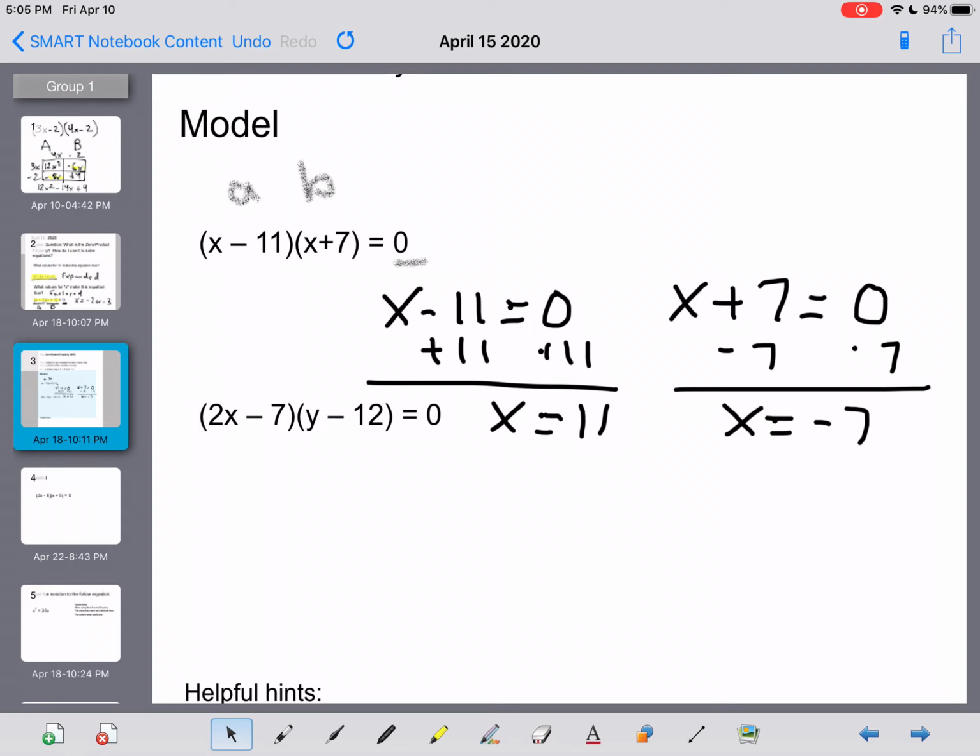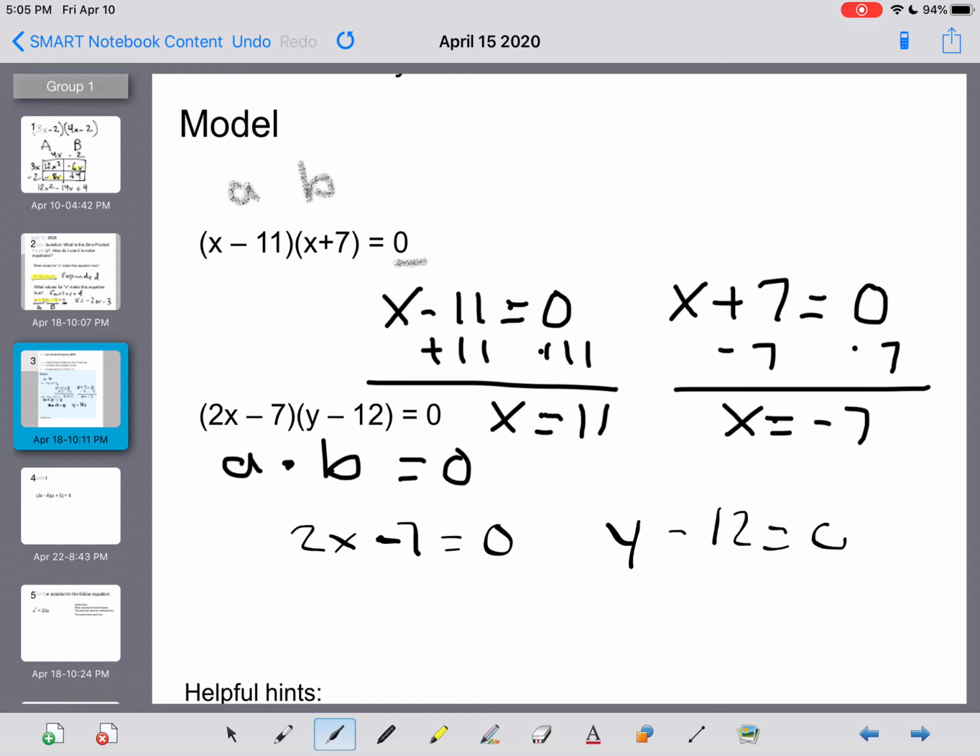So that means we could call this A, 2x minus 7. We could call this B, and they're multiplied together. So either A has to be 0 or B has to be 0. So let's just write out a little equation. 2x minus 7 equals 0. Or y minus 12 equals 0.